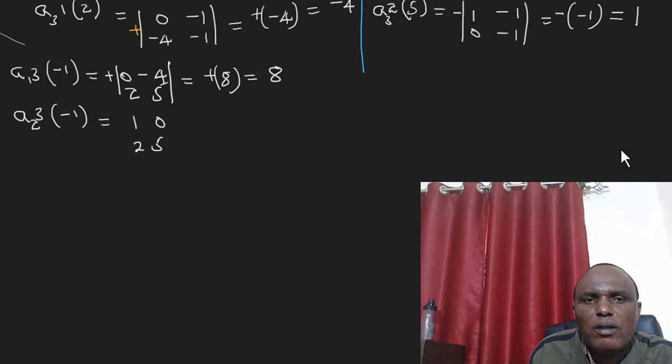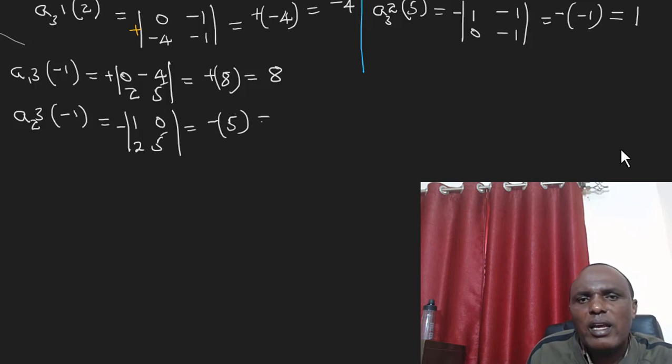We get the determinant of that matrix, and remember the sign now is negative, so 1 times 5 is 5, 5 minus 0 is 5, and then we place a negative sign to make it a cofactor. Therefore the cofactor is negative 5.